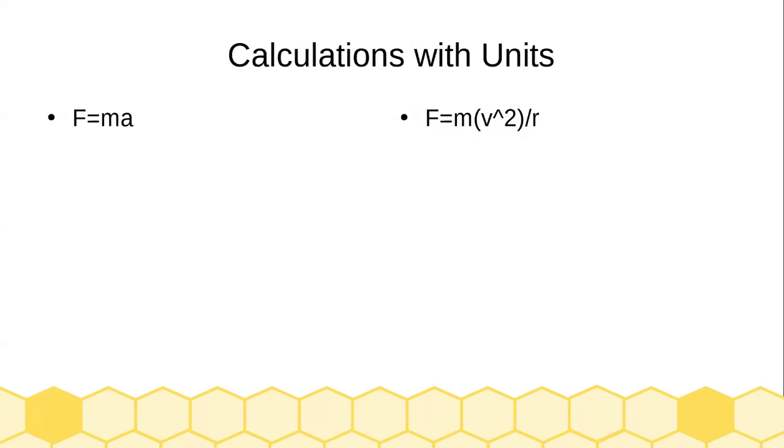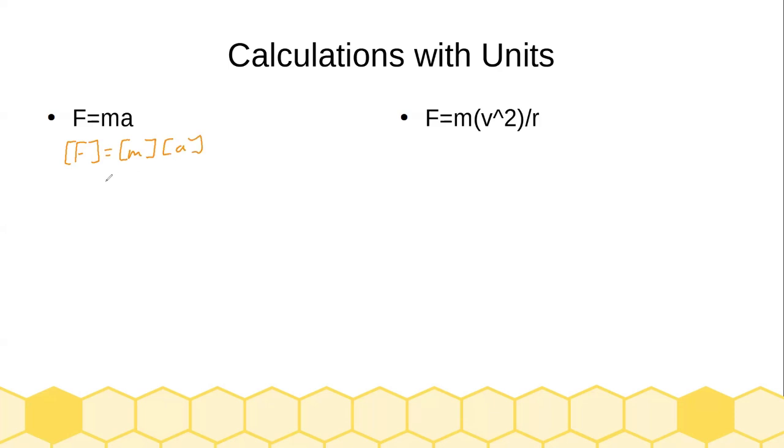For example, we're going to come up with the units associated with force, F, using F equals ma, which is Newton's second law. The units of F are equal to the units of m times the units of acceleration.